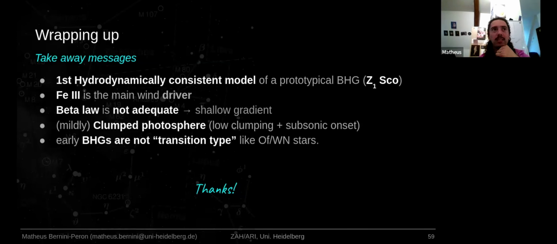But yes, certain lines, at least as I've noticed here when trying to model Zeta-1 Sco, deep lines which are formed deeper in the atmosphere, such as silicon III, silicon IV, or magnesium, were not so much affected. But there's a catch, because when you change the clumping, the whole atmosphere structure will adjust, and therefore the temperature of your photosphere will also change a bit.